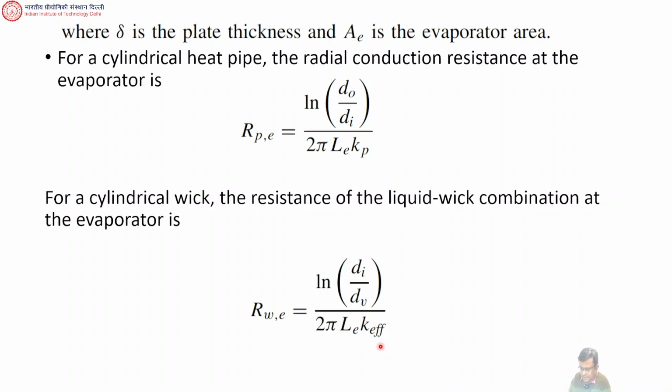That's what we expect. So it will depend on the effective thermal conductivity of the wick, which we see, look at the cursor, that pointer that I have. So that shows the K effective. That K effective will depend on the material of the screen that you're using, but also on the liquid thermal conductivity, right? So we have to keep this in mind.